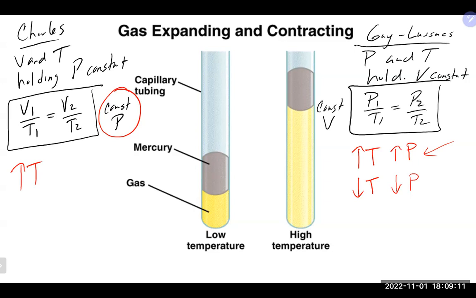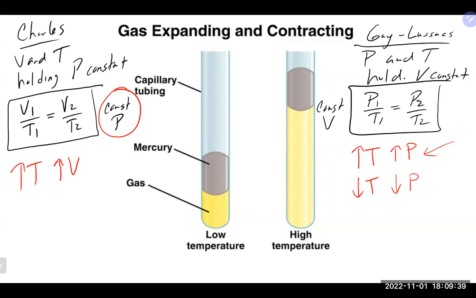The volume will adjust. And as the volume adjusts, that gives everybody a lot more room to fly around in. What that does is keep the number of collisions basically constant, and thus that is how it keeps the pressure constant in this case. So as we increase the temperature in the Charles's law situation, we will also see the volume increase to maintain the constant pressure.